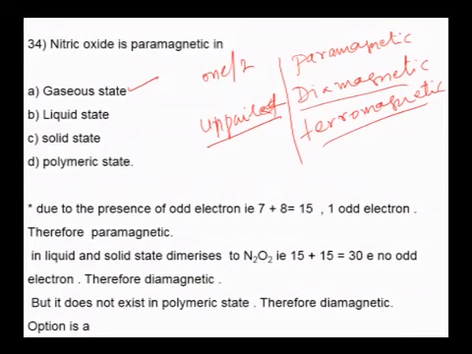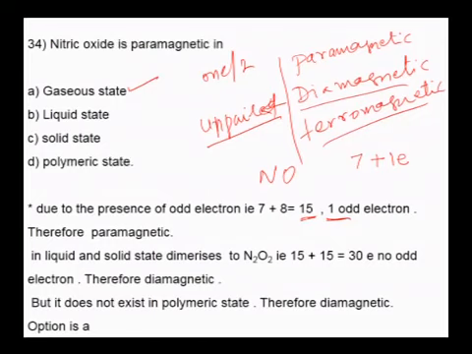The formula is NO, nitrogen has 7 electrons and oxygen has 8 electrons, so the total number of electrons is 15. On grouping into 2, we get 7 paired electrons and 1 odd electron. Due to the presence of 1 odd electron in the gaseous state, it is paramagnetic.